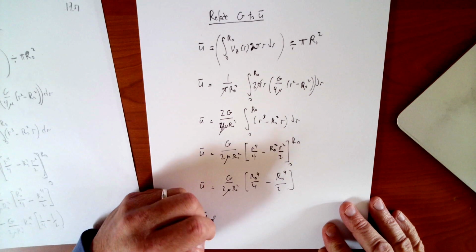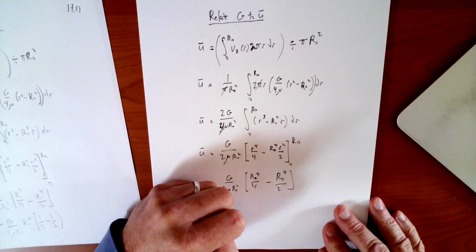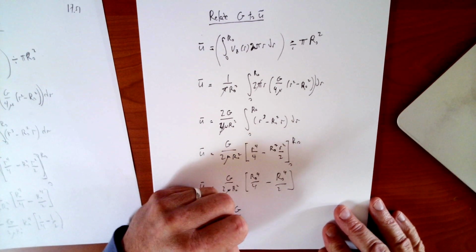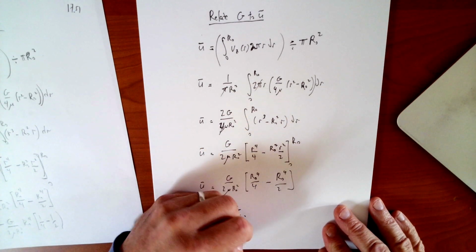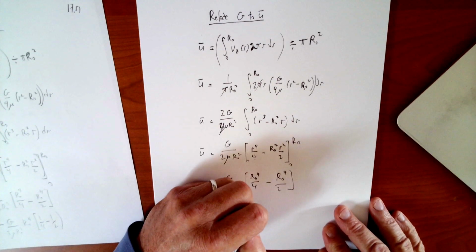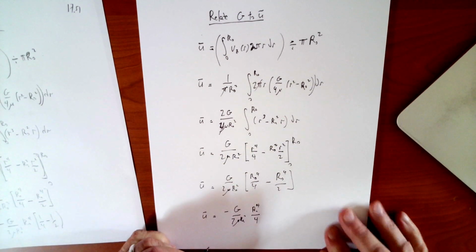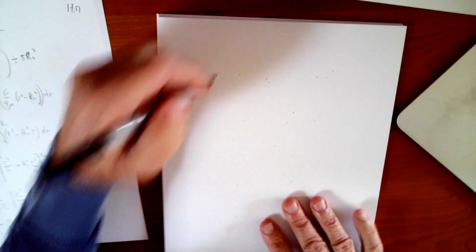The average velocity is equal to negative 1/4 of this. So it's g over 2 mu r naught squared times r naught to the 4th over 4. And of course, I will clean that up for my final form here.